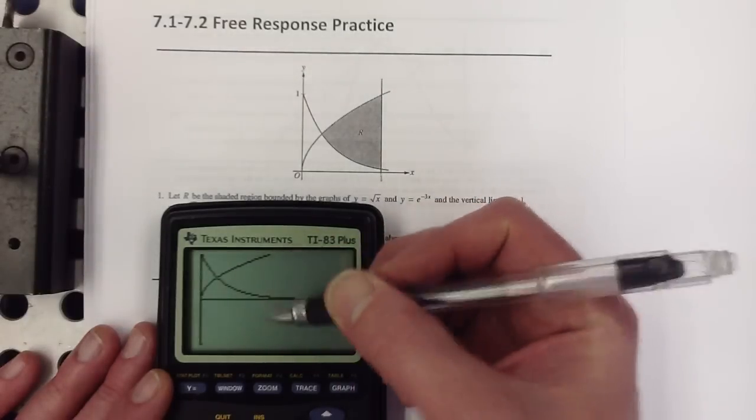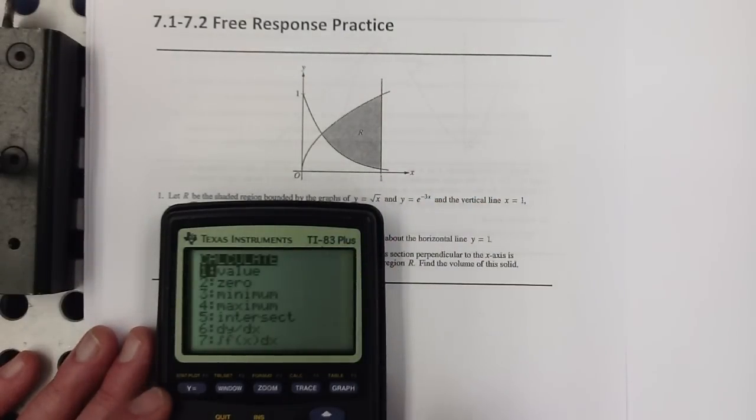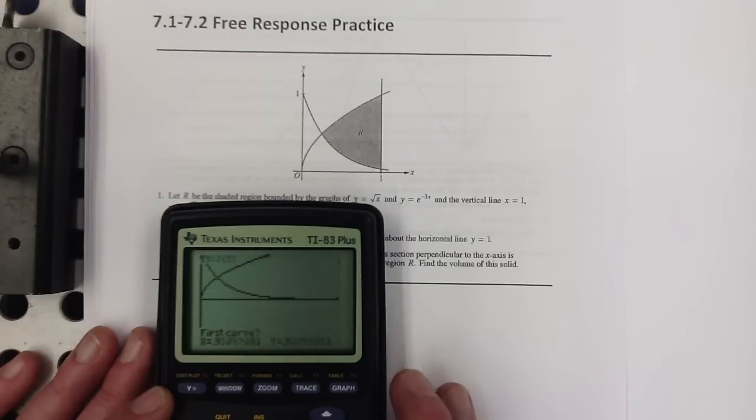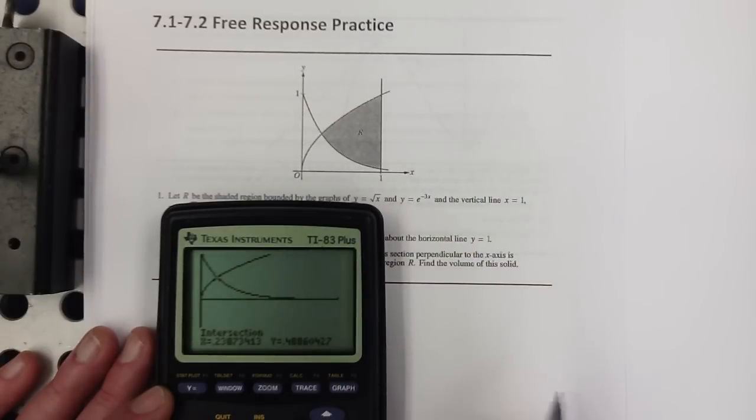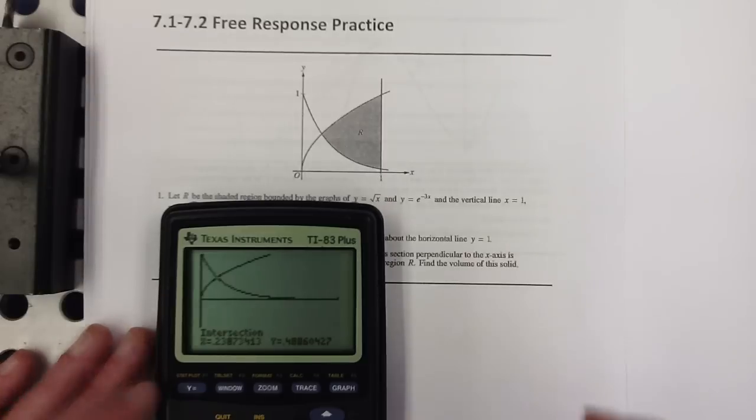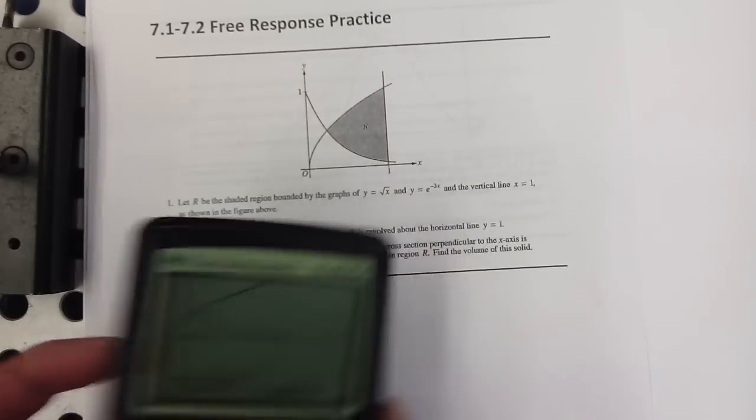They're cut off right here in our graph. And second, calculate the intersect. With this first curve, if you have more than two curves in there, you can still work with that. So I just have to hit enter a few times. It should show me my intersection point at 0.2387. I'm going to keep 4 decimal places.